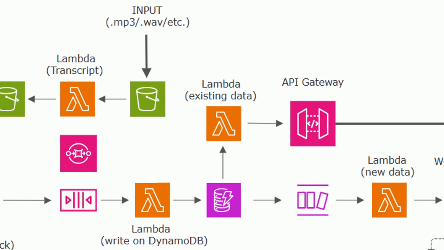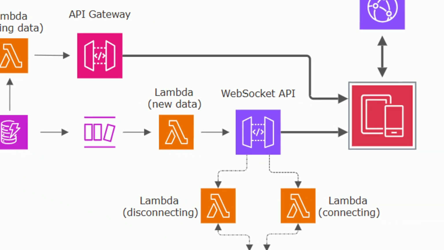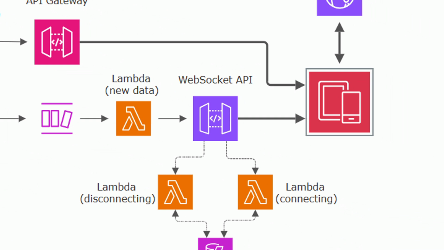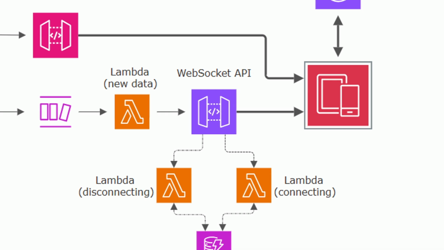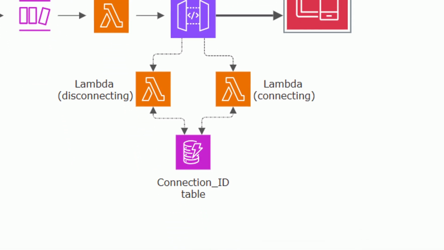But we don't want to refresh the page to display new calls, so we are going to use WebSocket API to make this dashboard show real-time data. And we will be using Lambda to write connection ID on another DynamoDB table.